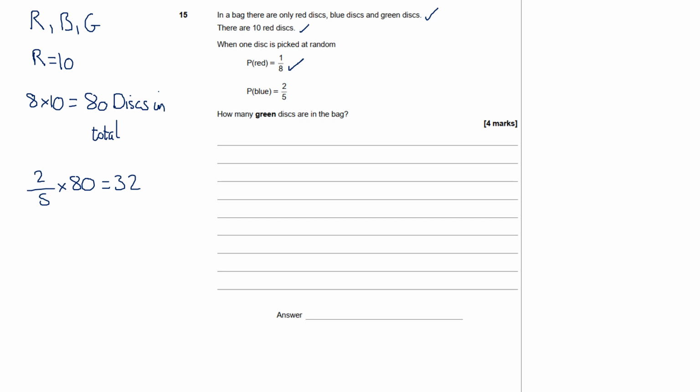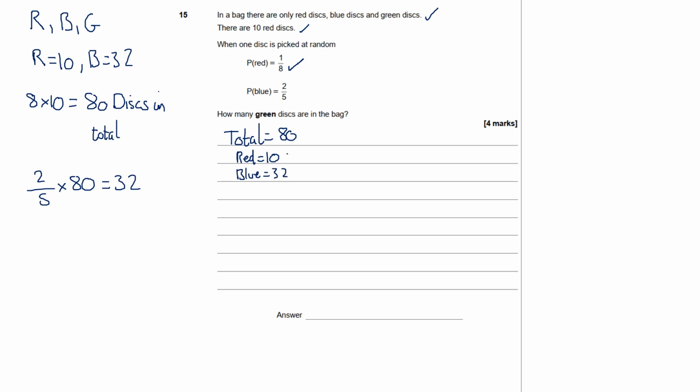So I'm going to write it up here where I put that with red. So B equals 32. So how many green discs are left? Well, in total discs equals 80. Red equals 10. And blue equals 32.